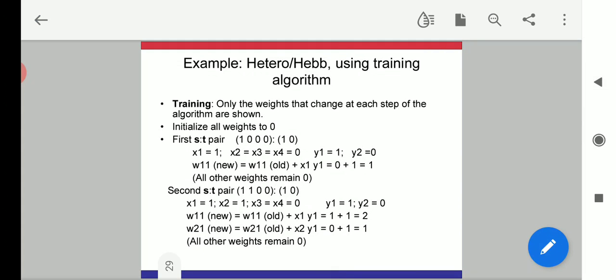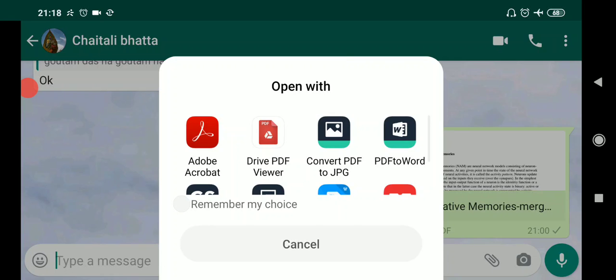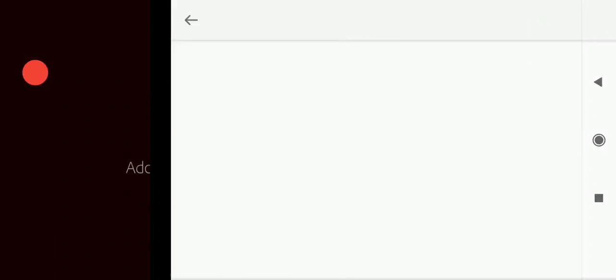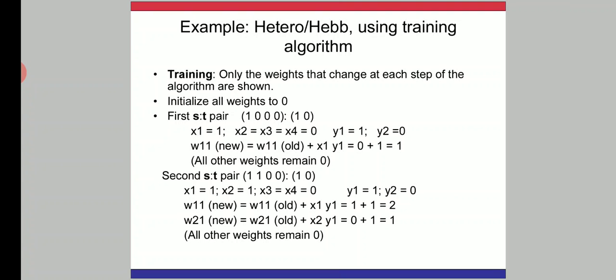So it is 1 plus x1 into y1, that is 1, equal to 2.